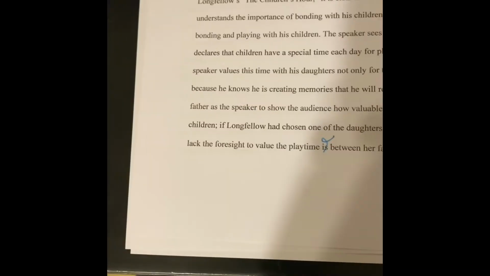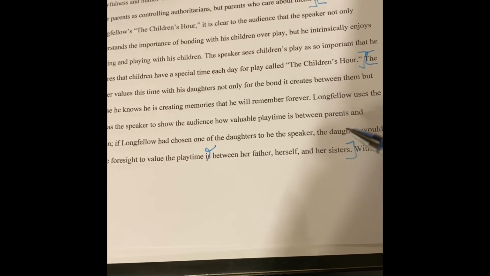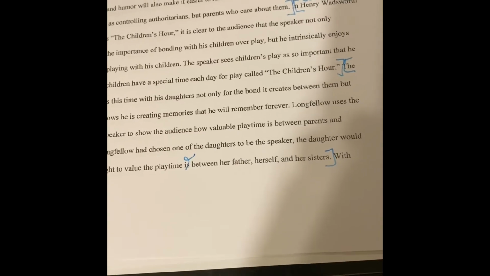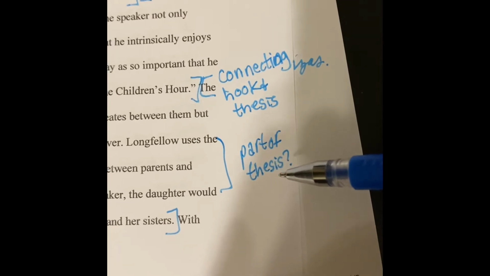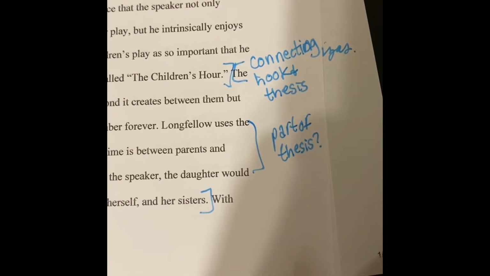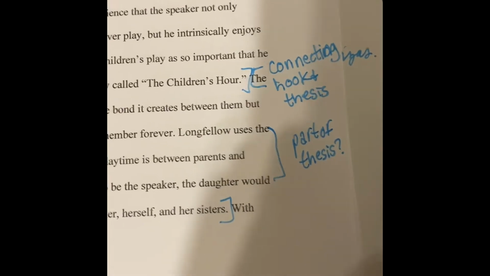You could potentially argue that the second to last sentence is part of the thesis. So I'll probably write that off to the side and keep kind of thinking on it. Okay, so connecting the hook and the thesis, and then part of thesis, question mark. I'm not sure. I'm still kind of thinking on it. Is that part of my thesis? Do I have a 2-sentence thesis? Which is something that you can certainly do.